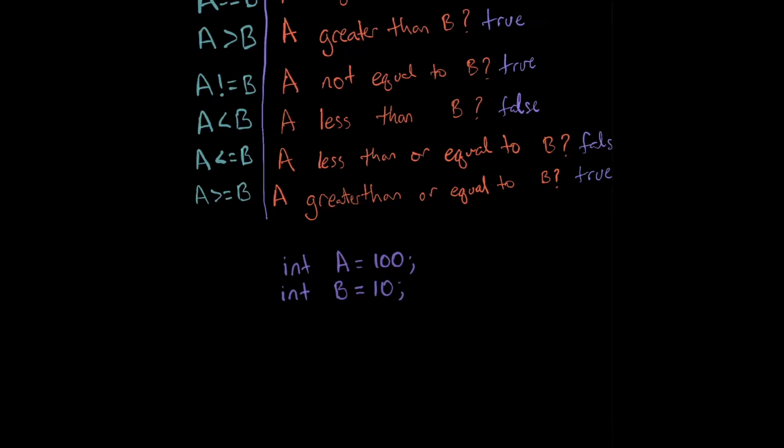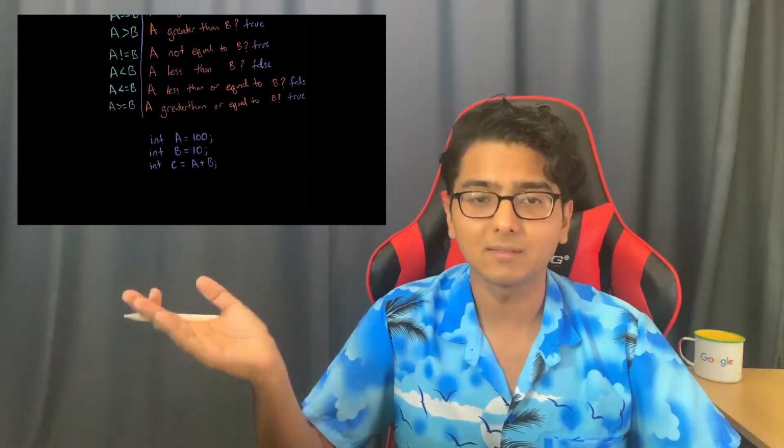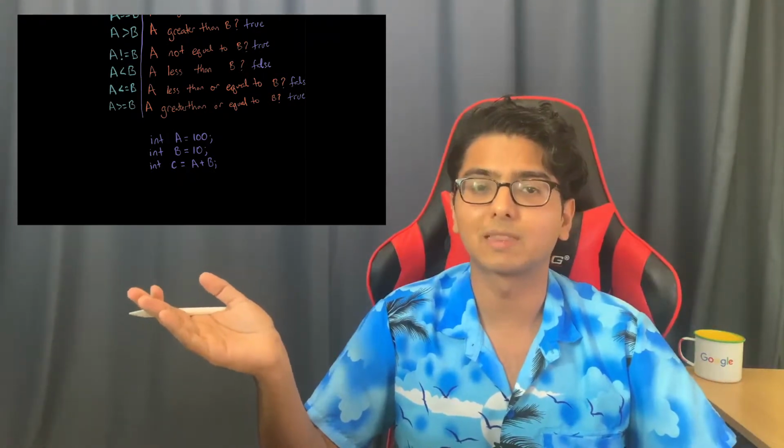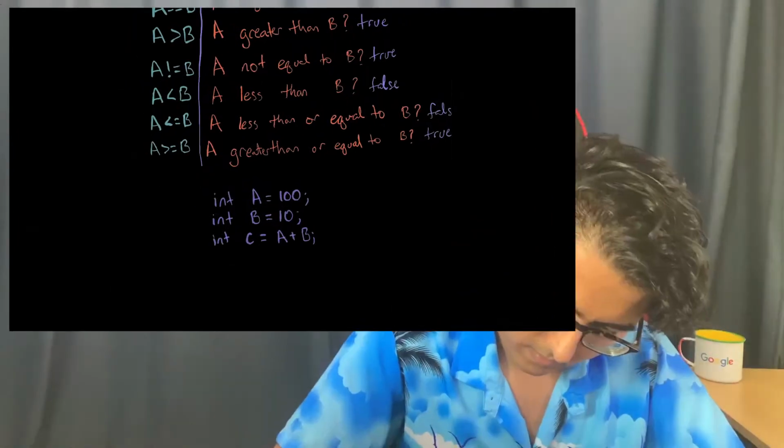Then you might say another int, C is equal to A plus B. That would make complete sense, because when I take two numbers, 100 and 10, and add them together, I'm going to get the number 110 out, and that itself is going to be an integer. So whenever I apply the plus operator on two ints, I'm going to get that same type out.